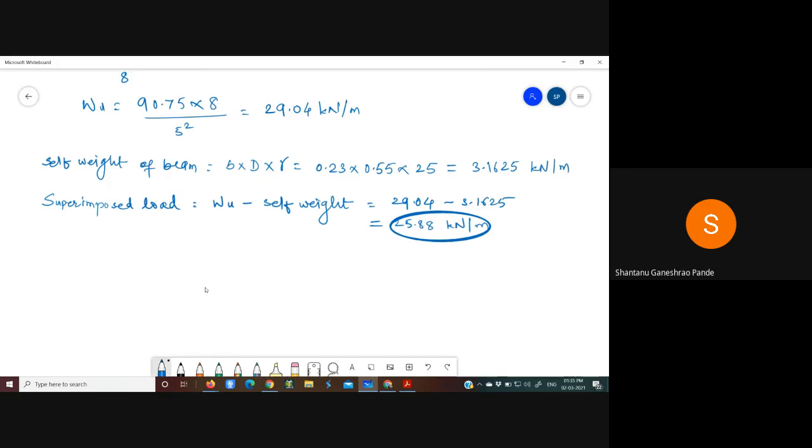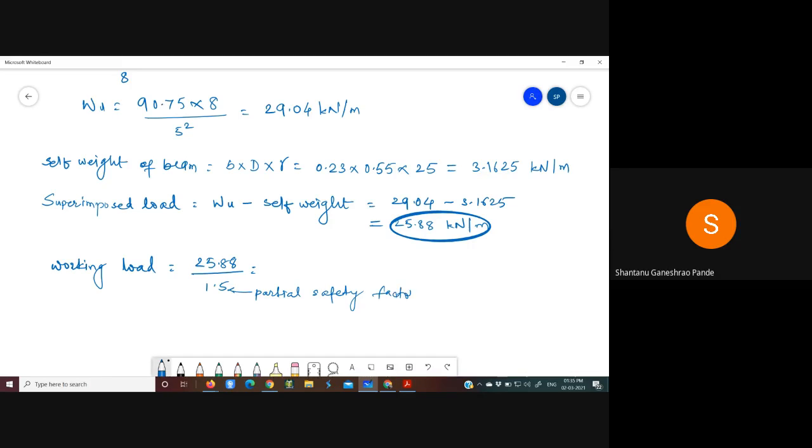Now, this is the ultimate load which can be carried. If you want to calculate working load, you need to divide this 25.88 by 1.5. This is the partial safety factor for load.